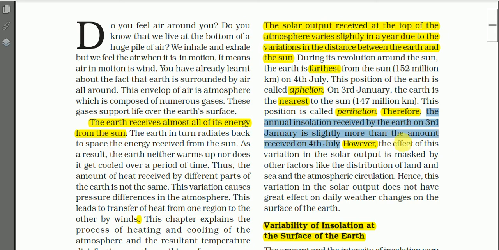This is because of the differences between the distance of the Earth and the Sun.